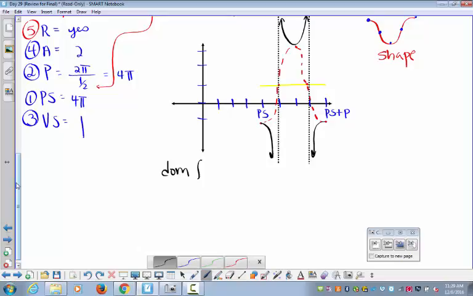From the graph, once we have the graph, we can kind of pick off the domain and range pretty easily. The domain would like to be the entire real line. But we have these pesky asymptotes that cannot be included. Lots of opportunity here for different answers.